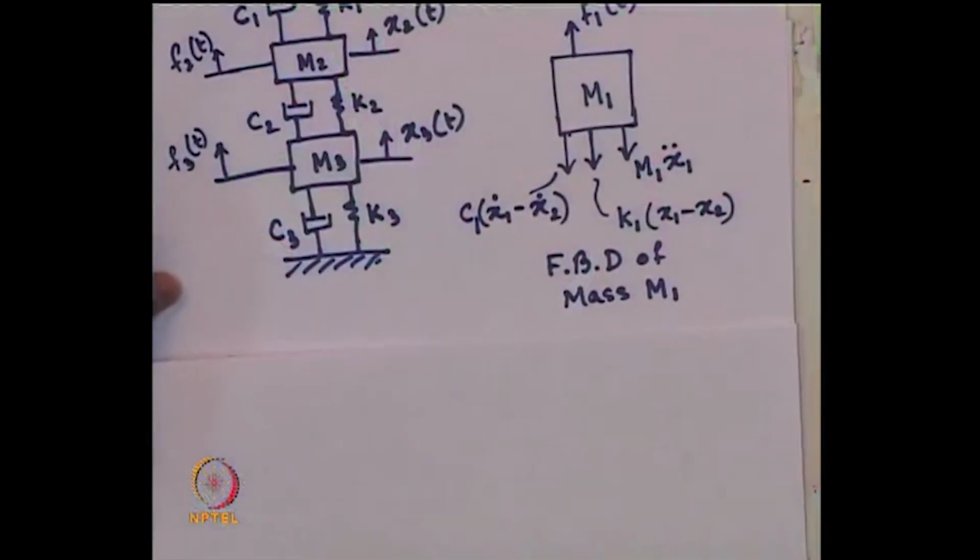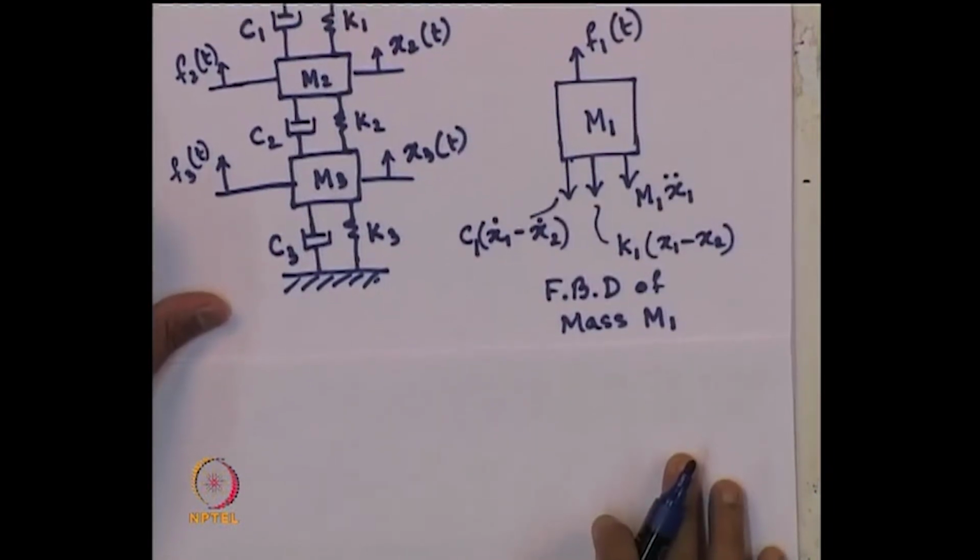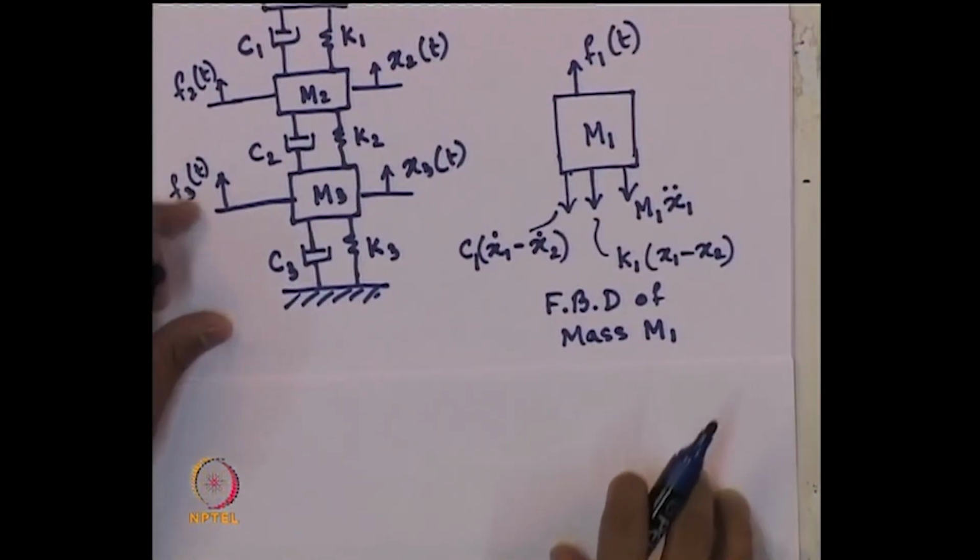And what can we write from the FBD of mass M1, which is shown here?